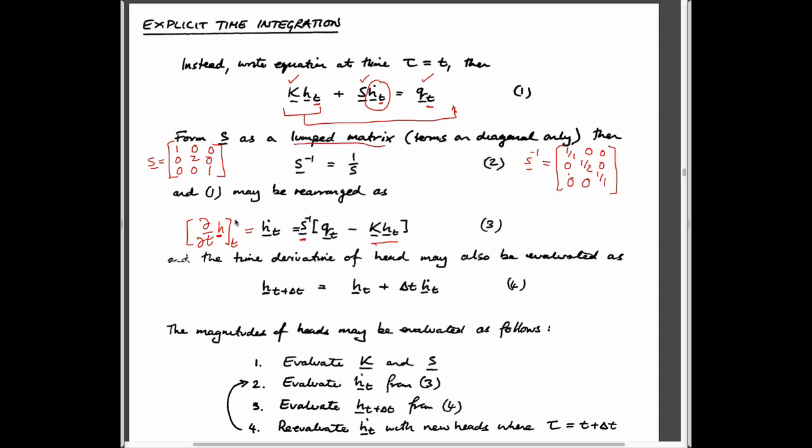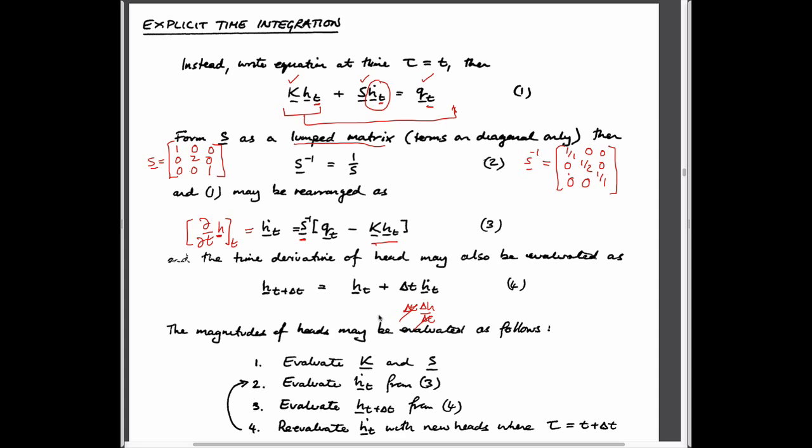So we have this. If we also use this expression to say that the head in the future is equal to the head at the earlier time, plus this, which is delta h over delta t times delta t, you can think of this term on its own as just delta h.